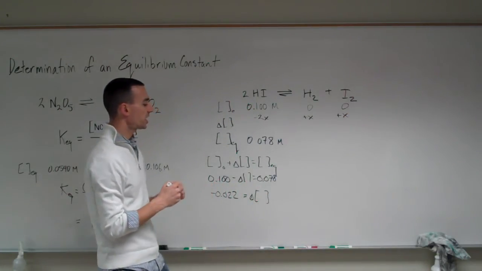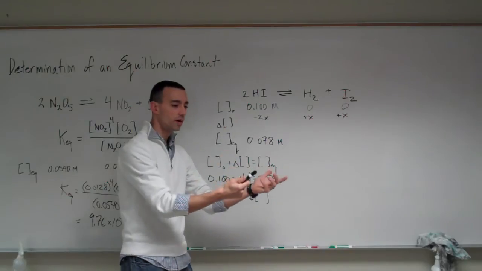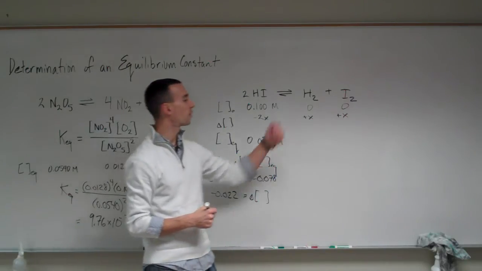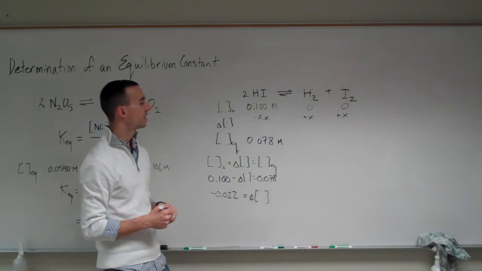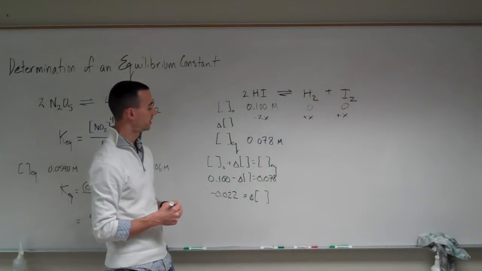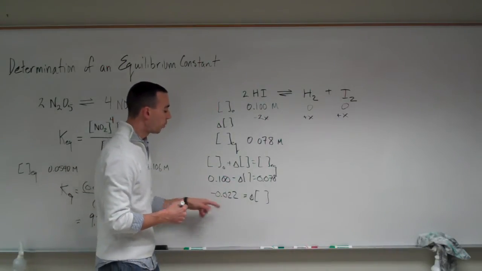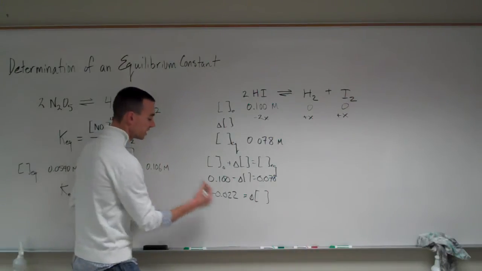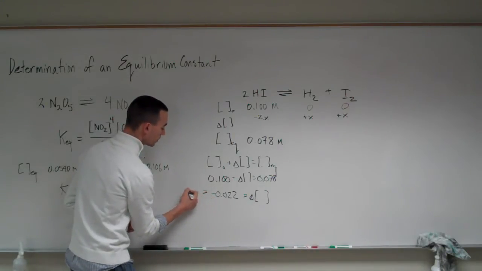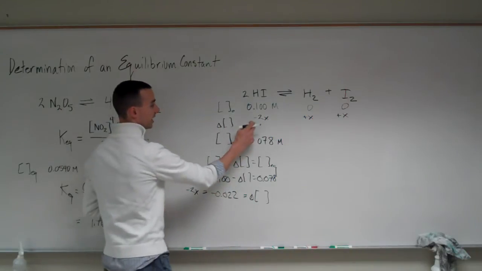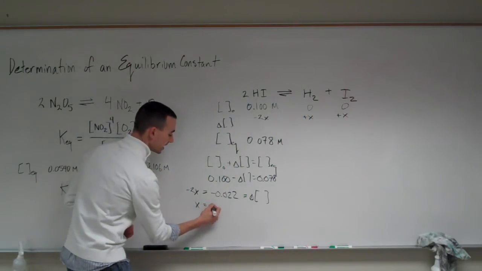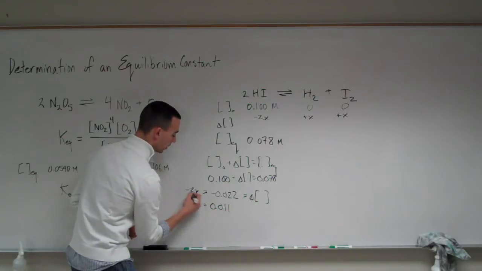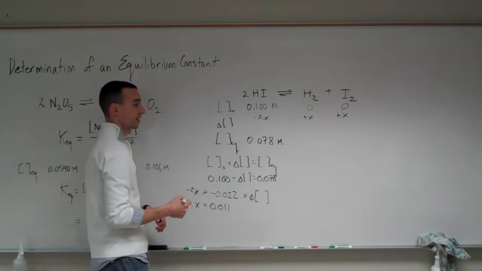In other words, each time I break apart 2 hydrogen iodides, I form 1 hydrogen and 1 iodine on the product side. So this 0.022 equals the negative 2x that we have up here. That would mean that x is 0.011, just divided both sides by 2.